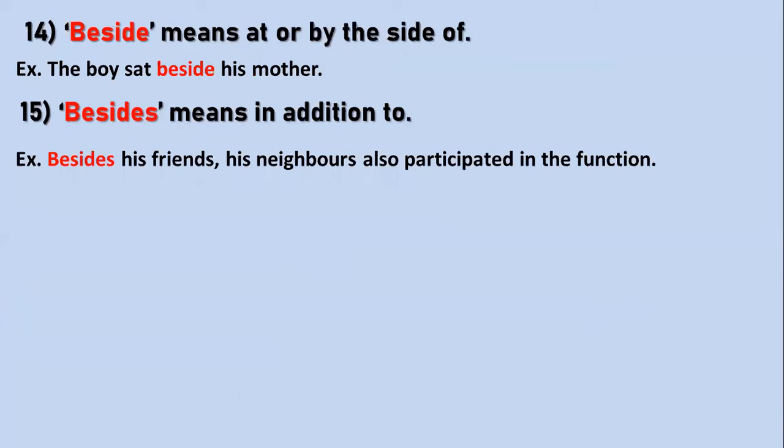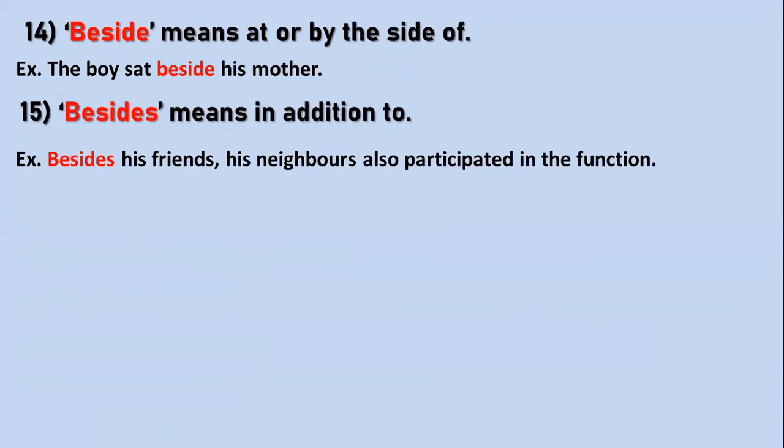Next, beside means at or by the side of. When you want to say that someone is sitting beside or next to someone, you can use the preposition beside. Example, this boy sat beside his mother. That means next to his mother. Next, besides.